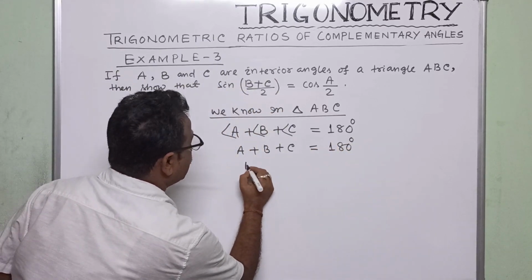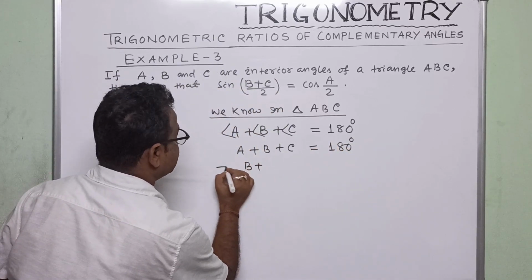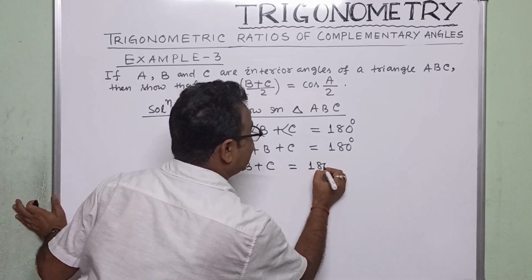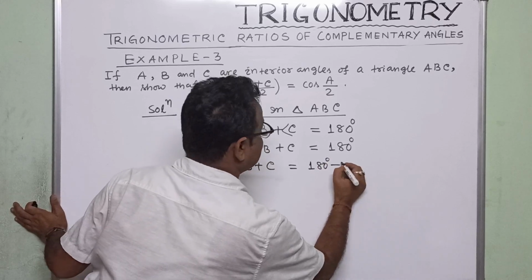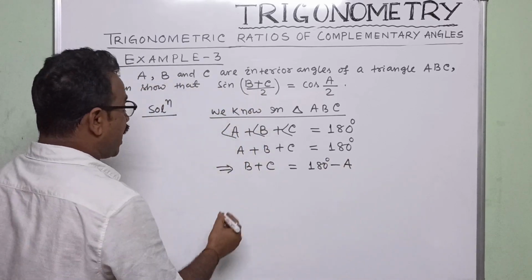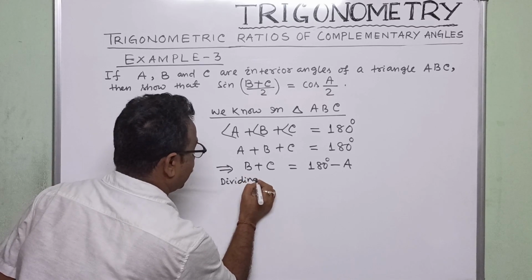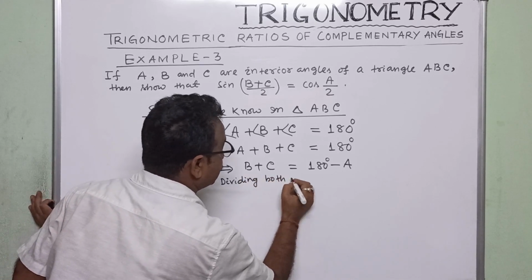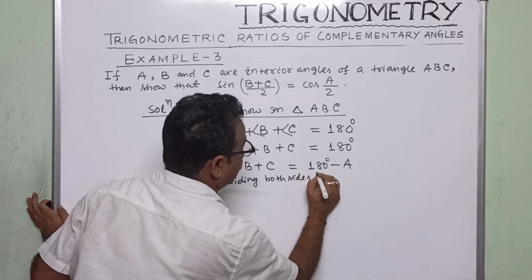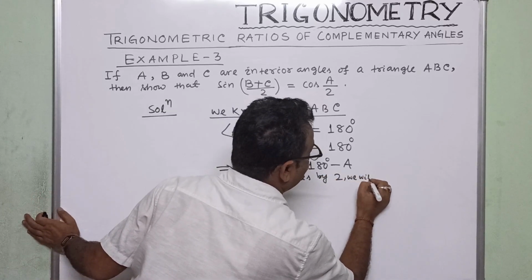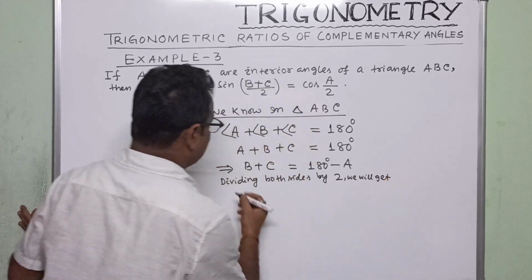Now here, that implies B plus C is equal to 180 degree minus A. Now dividing both sides by 2, what will we get?